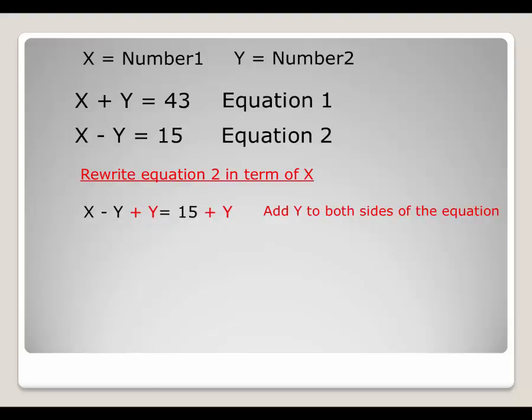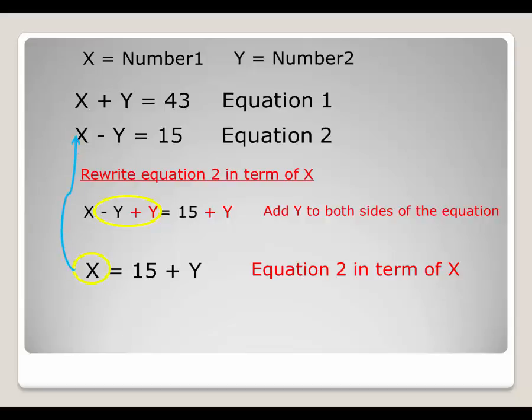In so doing, we will eliminate y from the left hand side of the equation. Thus equation 2 in terms of x would be x equal 15 plus y. From here, we can show that this is indeed equation 2, but rewritten in terms of x.